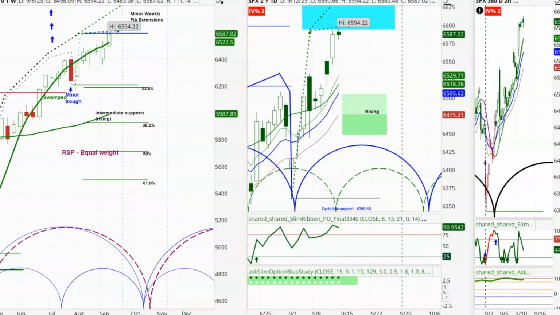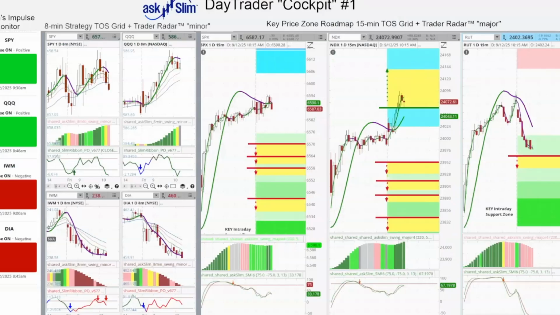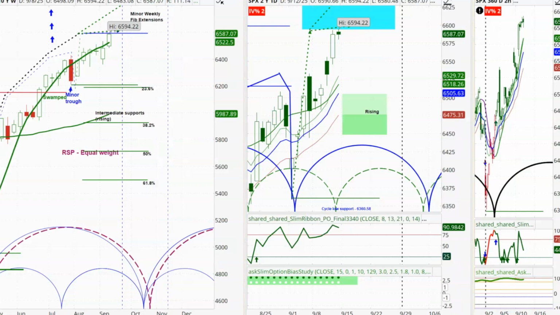And of course, if you want to go to the intraday scalping, intraday swing trades, then you're going to go to the Cockpit right over there and be able to get the important information that you need for your intraday trading. So this is how you bring it all together using our information and your styles.